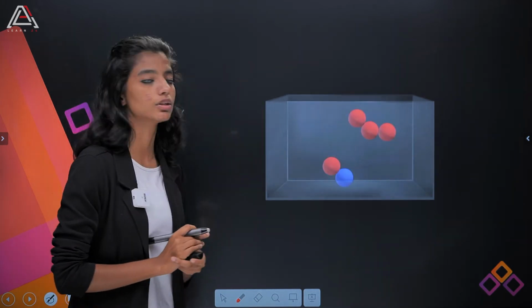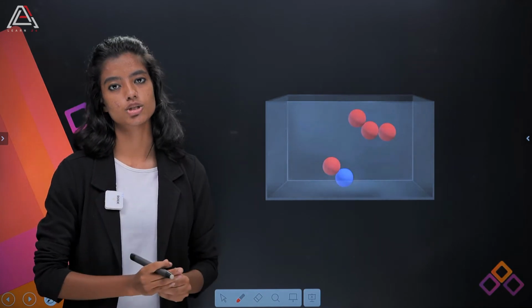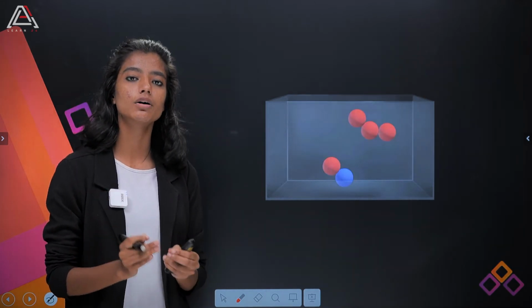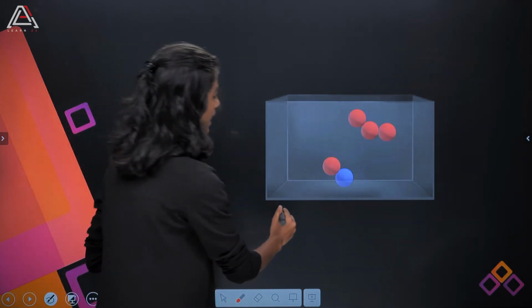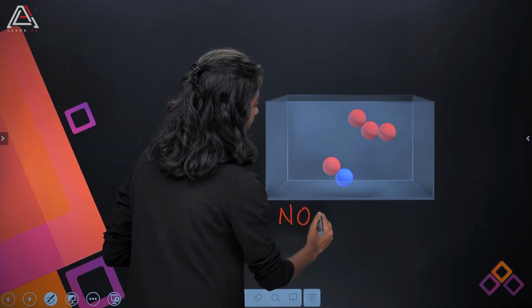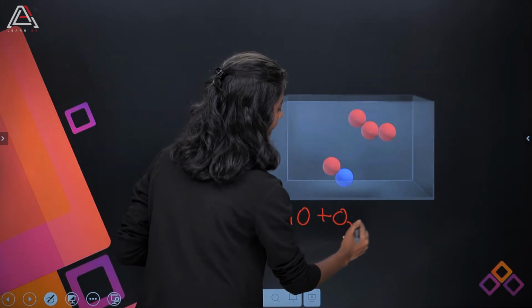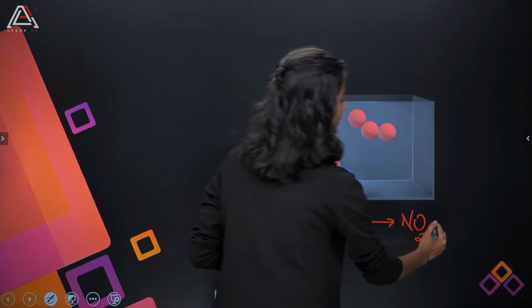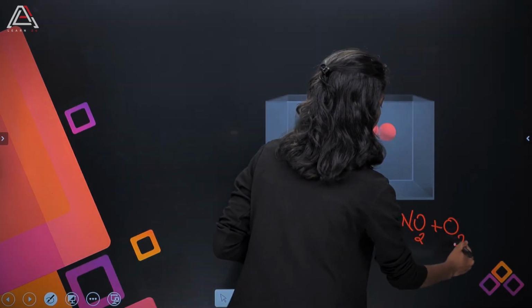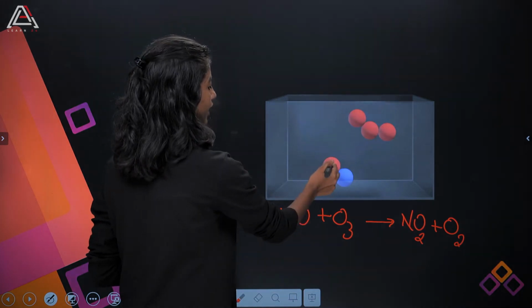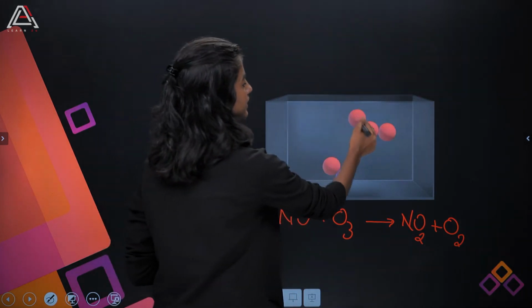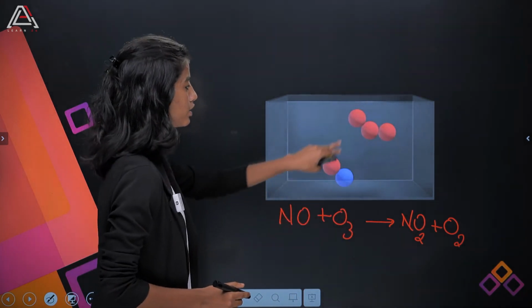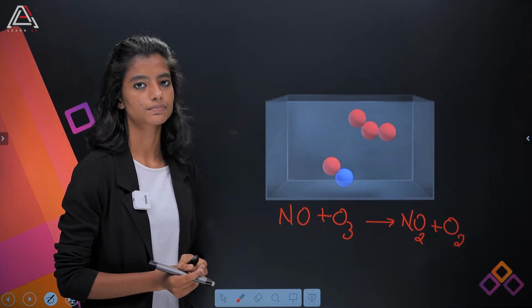And the next factor was the proper orientation. They should have proper orientation. For example, I have NO plus O3, that will give NO2 plus O2. Consider these two are the nitrogen and oxygen. This is the three oxygen molecules, NO and O3.